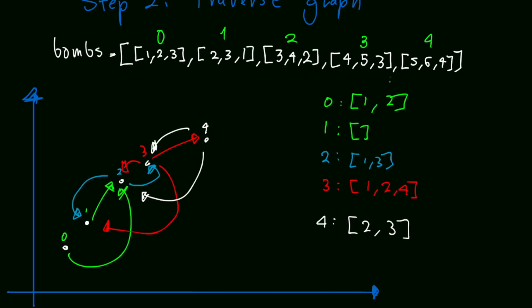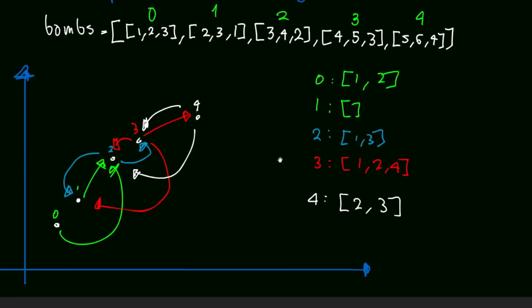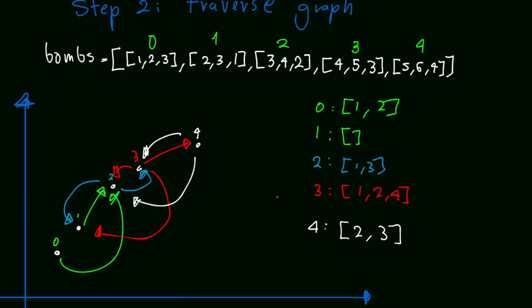And to do this is very simple. We just take, let's say, bomb 1 and calculate its Euclidean distance to bomb 2, bomb 3, bomb 4, and so on. So that's going to take n squared time. It's going to have a complexity of big O of n squared. And yeah, that's how we get the graph.